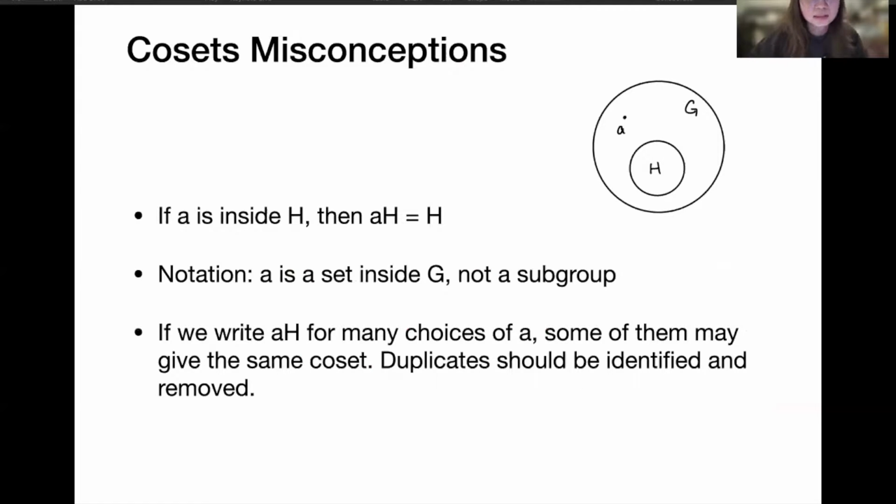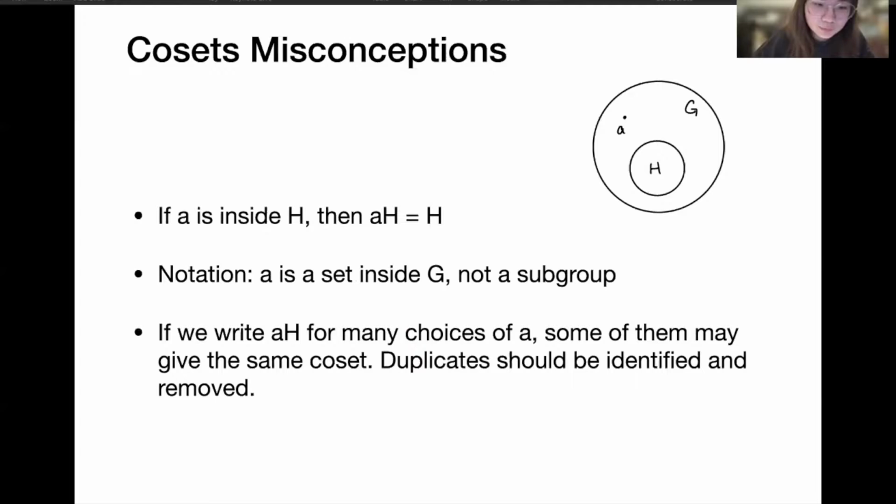And for the cosets of the midterm, here are some common misconceptions that we encounter. If you consider the group G as a big circle, the subgroup H you can consider as a small circle inside the big circle of G, while A is a set inside G but not a subgroup, so you can consider it as a dot instead of a small circle.